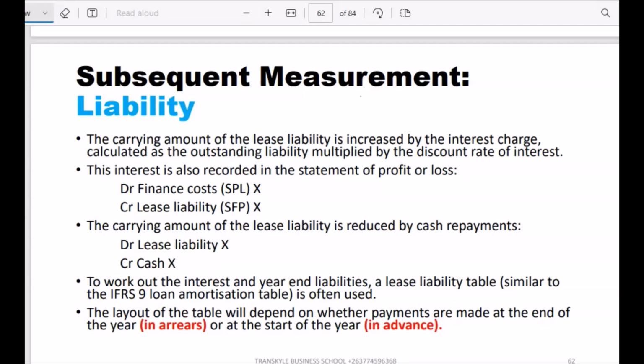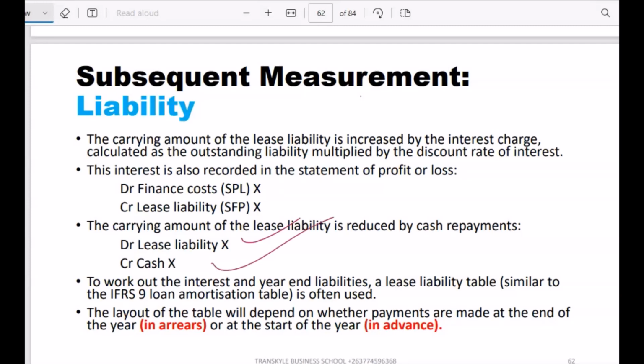This interest is also recorded in the statement of profit or loss, that is we debit finance costs in the statement of profit or loss and credit lease liability, that is to increase the lease liability in the statement of financial position. The carrying amount of the lease liability is reduced by cash repayments, and whenever we make a cash repayment, we debit the liability, that is to decrease the liability, and credit cash, because the cash has left our pocket.